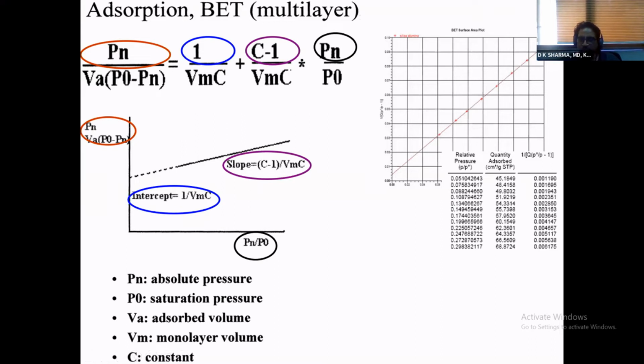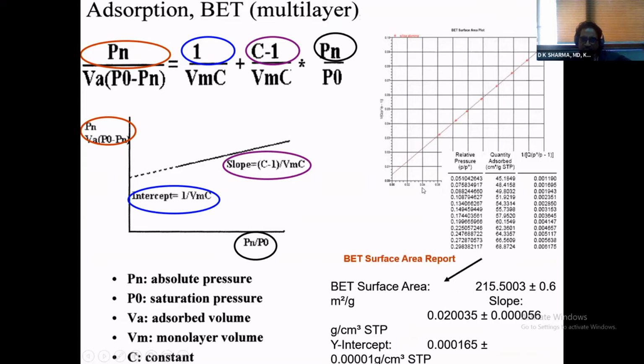The points are 0.05, 0.07 up to 0.29. They give you a nice straight line in this case, and you get the surface area. It's a standard reference material, silica alumina, 215.